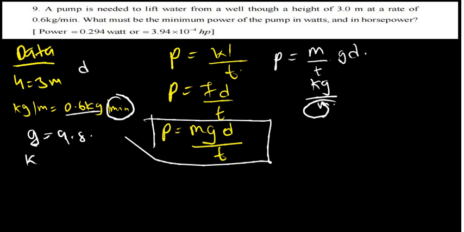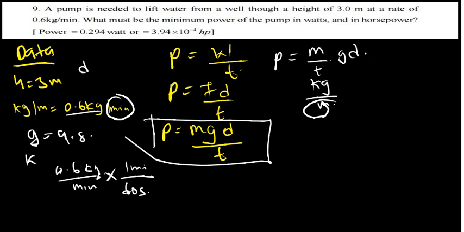So we are converting 0.6 kg per minute. Using dimensional analysis, in 1 minute, how many seconds do we have? 60, right? So we have 60 seconds.